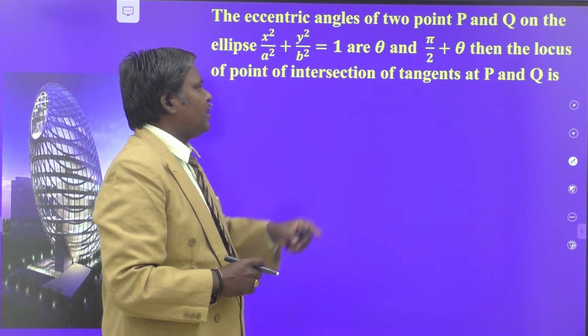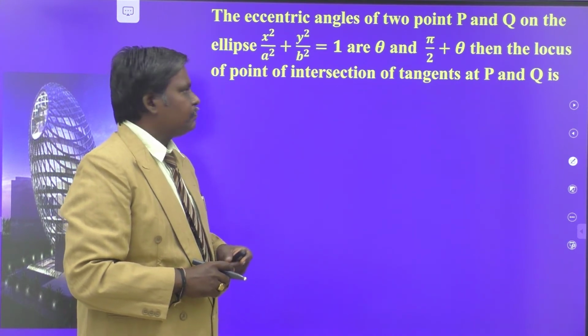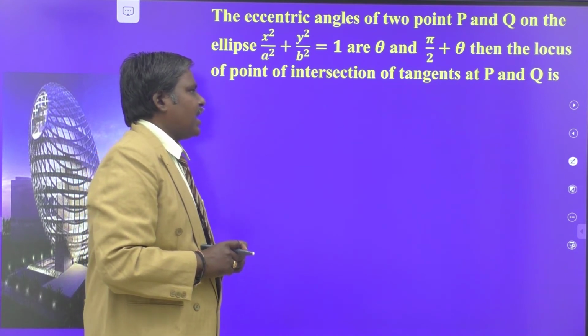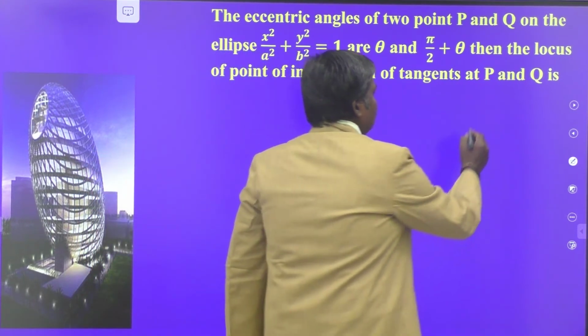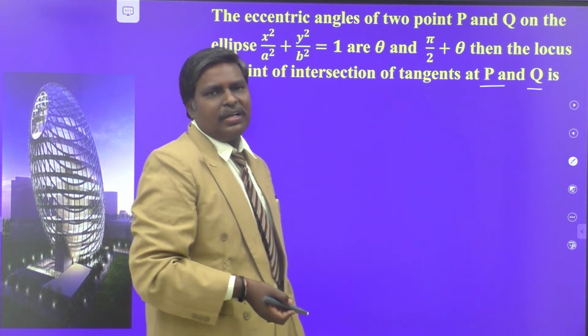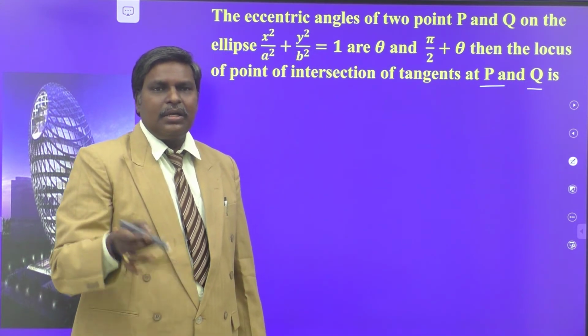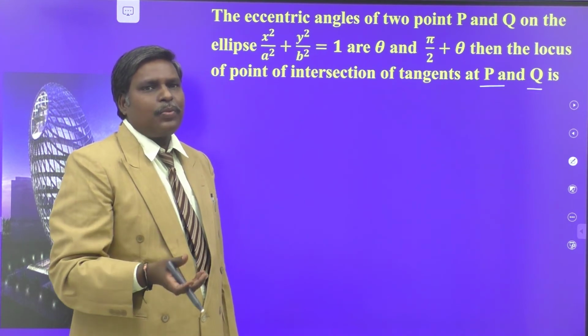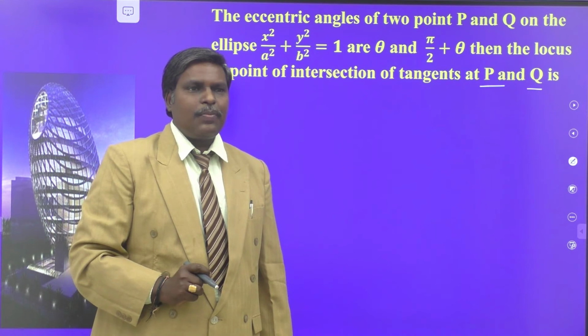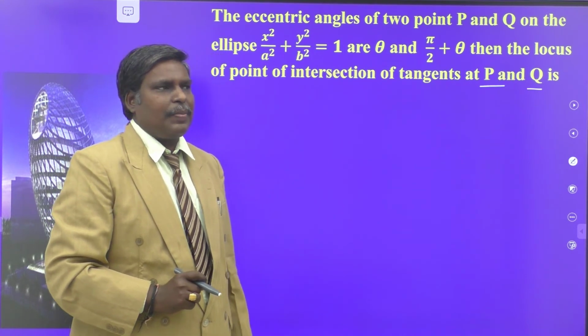One is theta, the other one is pi by 2 plus theta. Then the locus of point of intersection of tangents at P and Q is what? We have to find the locus of point of intersection of tangents to the ellipse at the points whose eccentric angles differ by pi by 2.